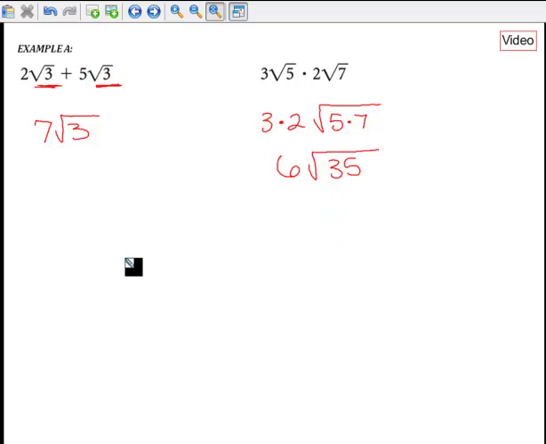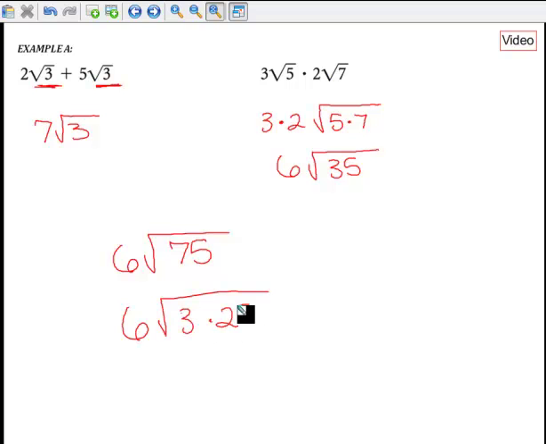Let's say we have 6 square roots of 75. All right, underneath that radical, I can say that's 6 square roots of 3 times 25. All right, and then I can rewrite that opposite of what we just did above. That's the square root of 3 times the square root of 25.